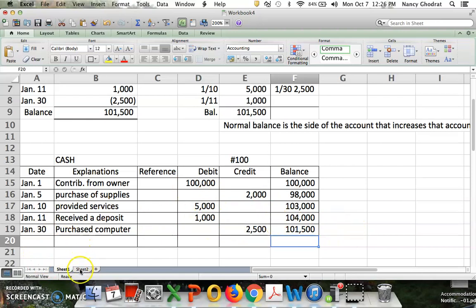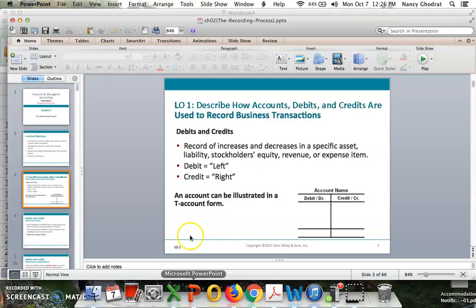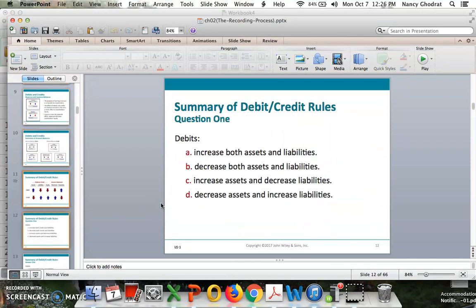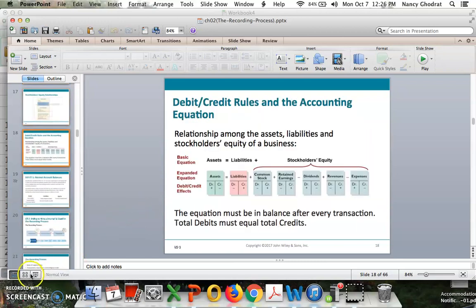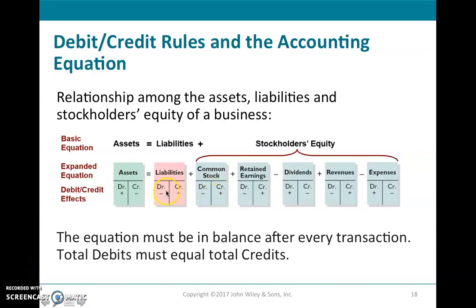Now, we need to know the convention for other accounts. What is the convention for liabilities, for example? For liabilities, we have decided that we're going to use the credit side, the right side, for increases when we owe money, and the left side for decreases.